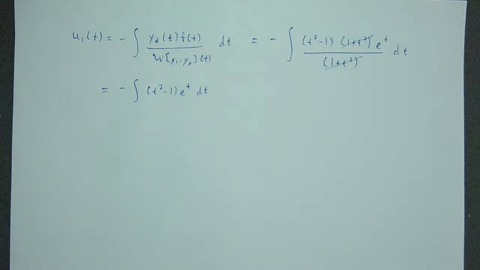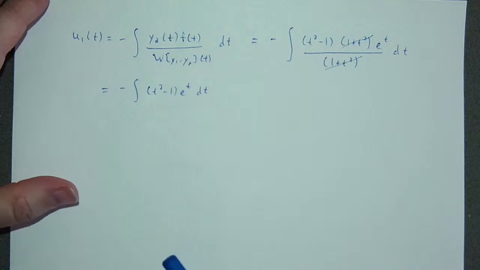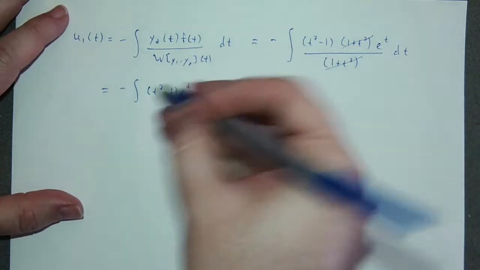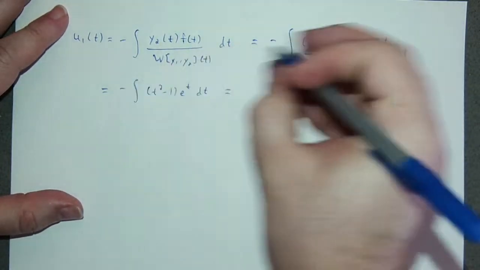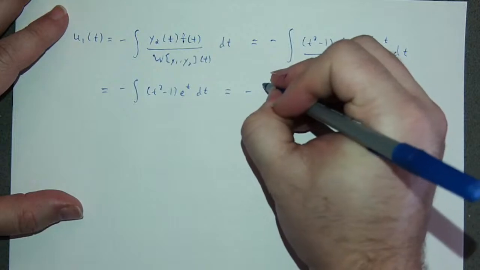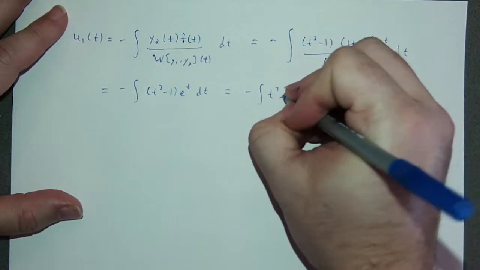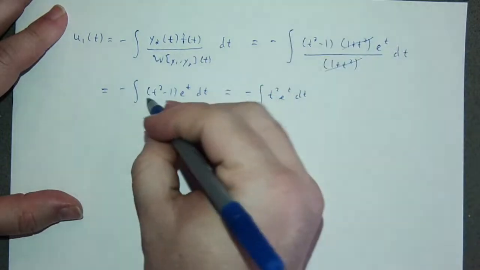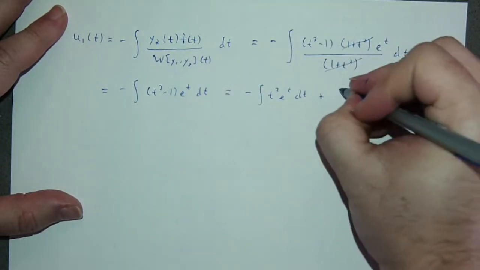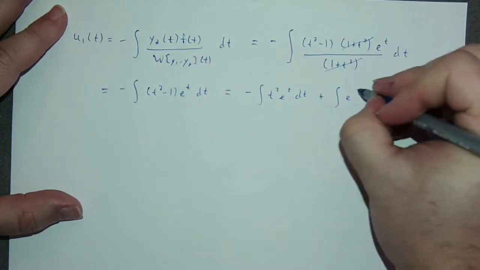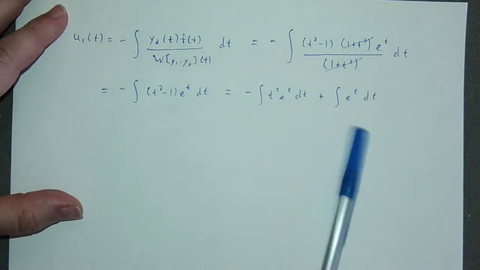It's however you want to do this. Let's just split it up. So let's write this as minus the integral of t squared e to the t dt plus the integral of e to the t dt. All right, so that's easy enough to take care of.